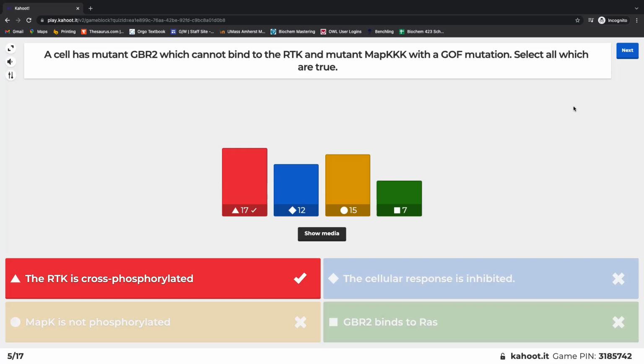So again, the same concept: we need to think about what is being inhibited. There's a mutation with GRB2, so GRB2 cannot bind to RAS. That would be an inhibited GRB2. Can MAPK be phosphorylated?